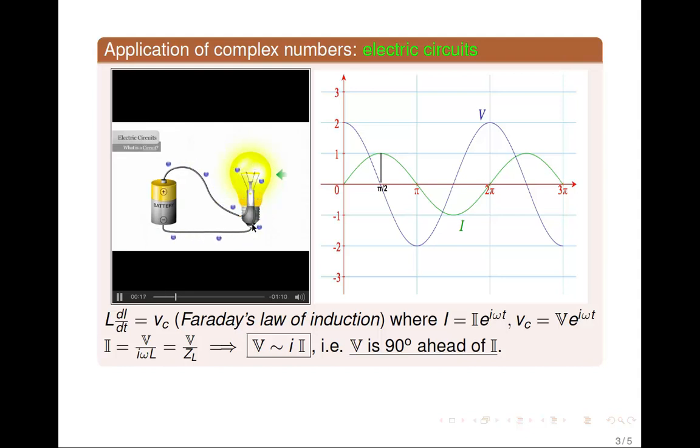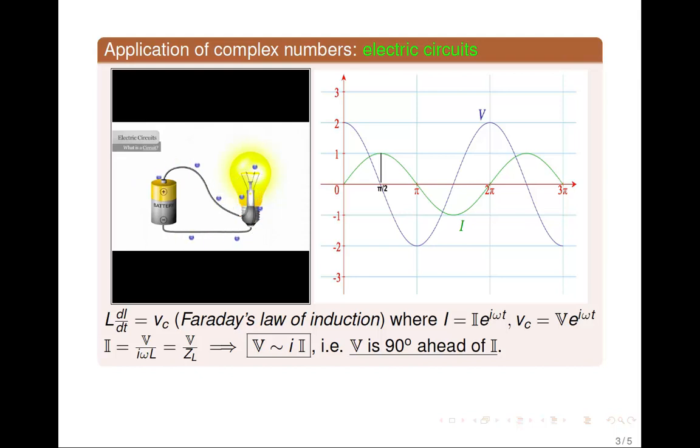You can think of a light bulb as an inductor, an ideal inductor. Because the battery is charged, there is a voltage drop across the two leads of the battery, which drives the flow of electrons. And hence, we say that current flows through the circuit.